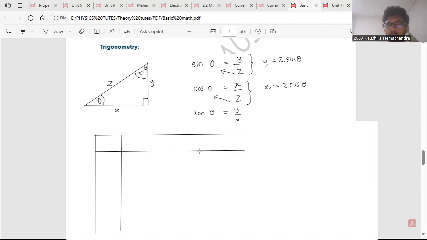So we will have to draw a table. 0, cos theta, positive. 30 degrees, 45 degrees, 60, and 90.